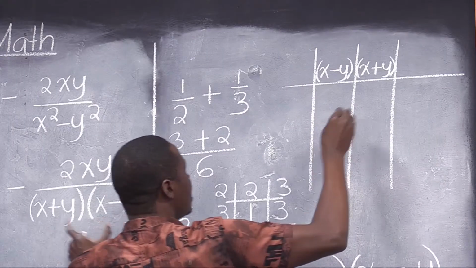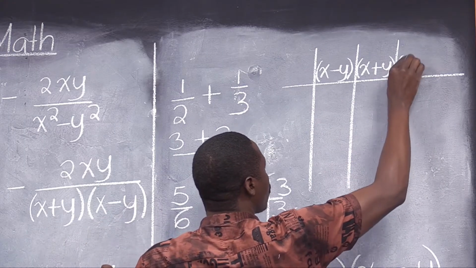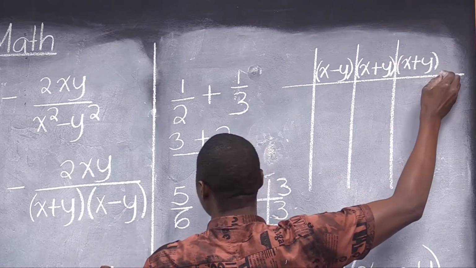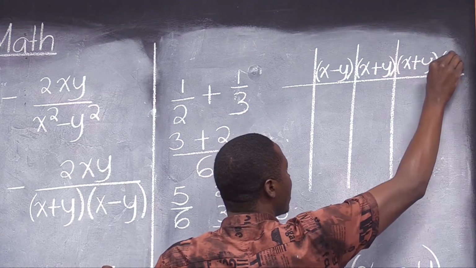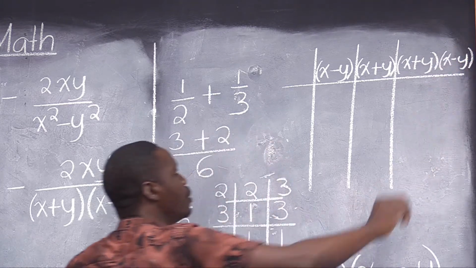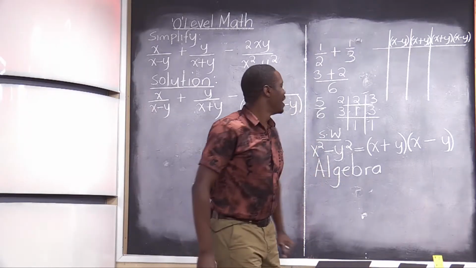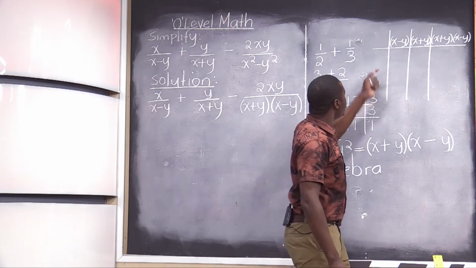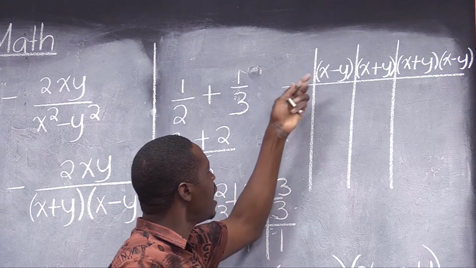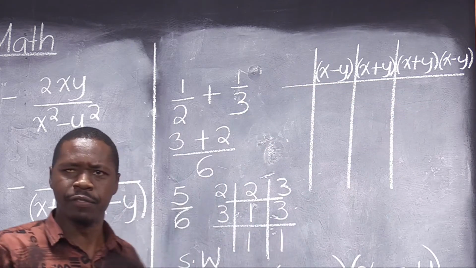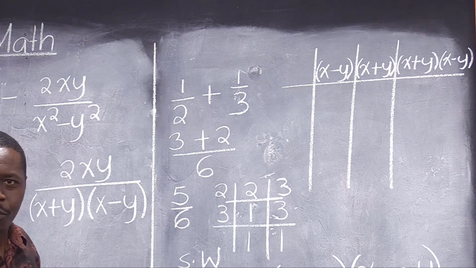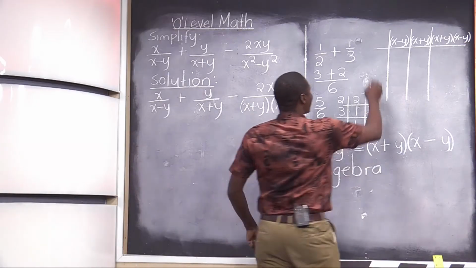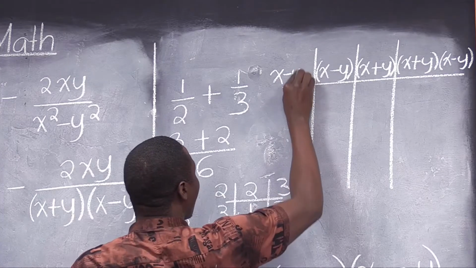And the last one is x plus y into x minus y. Good. We are looking for the LCM. Mr. Examiner, sir, what are we going to use? When we write it here, it can divide through any one of those three. Someone has told us x minus y. Wonderful. We can say by x minus y.